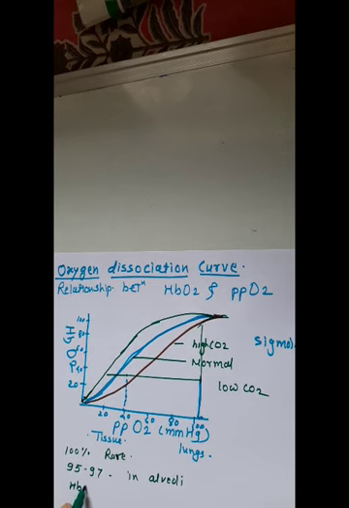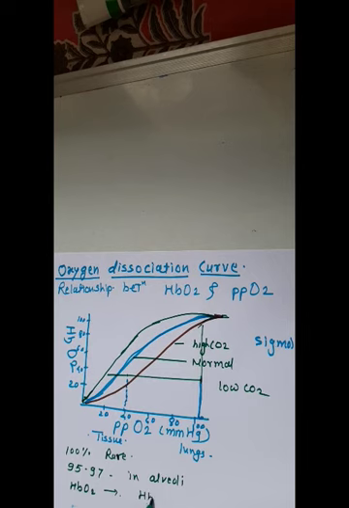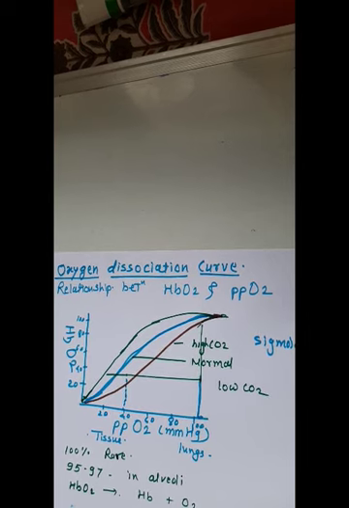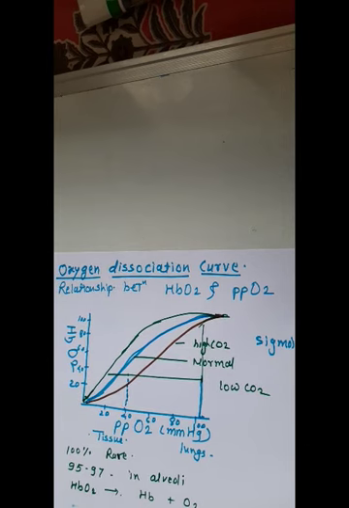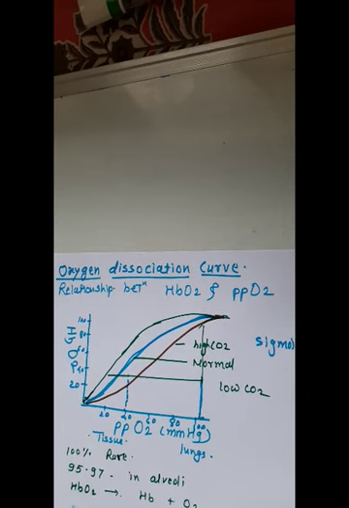When the HbO2 dissociates into Hb plus O2, then the degree of saturation decreases.